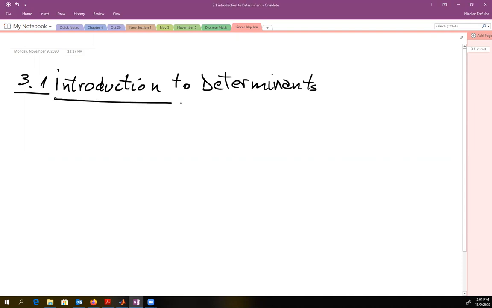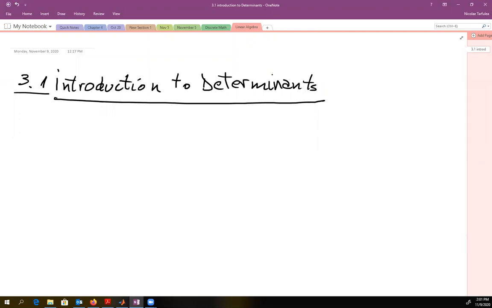You have probably heard about determinants even in this class. Definitely you did, and you probably know the definition of at least 2x2 determinants. Determinants are really important mathematical objects.